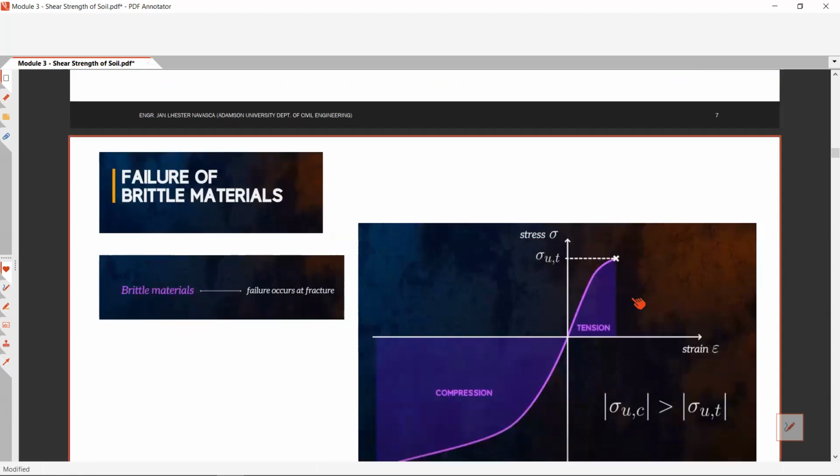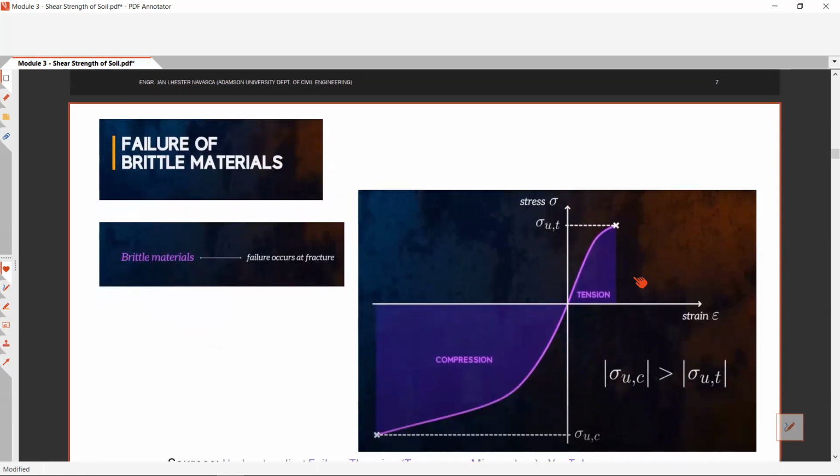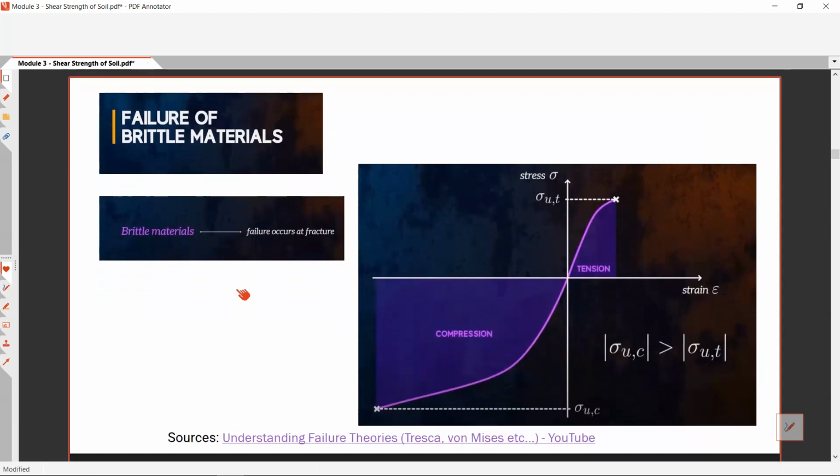Okay, so the failure of brittle materials is of course at fracture. So brittle materials failure occurs at fracture. So if we check the stress and strain diagram of a brittle material, this one is the stress strain graph of a brittle material.